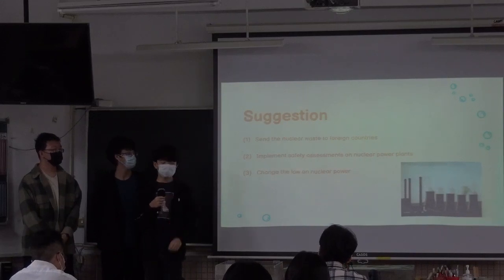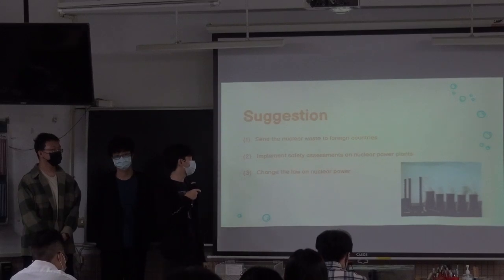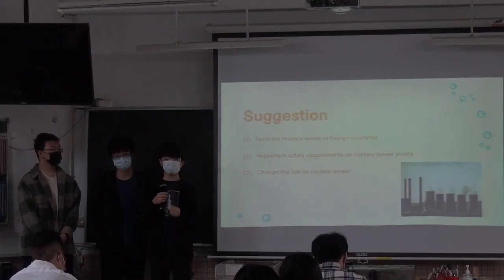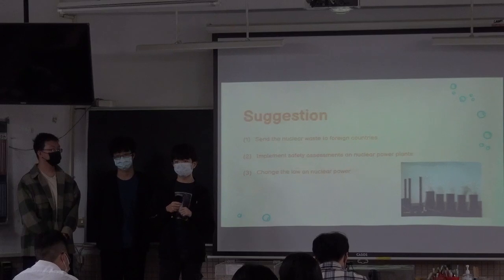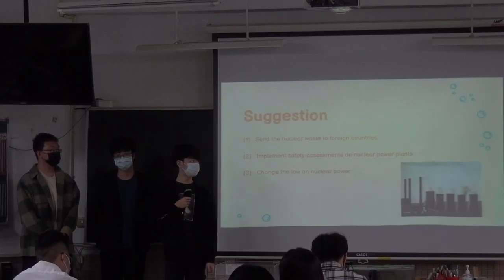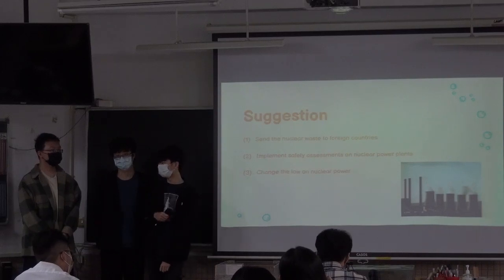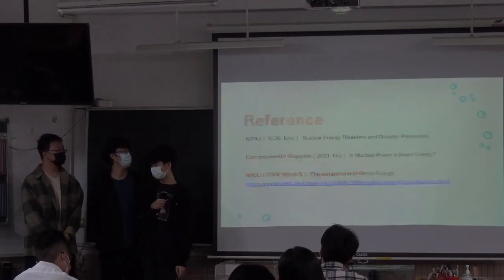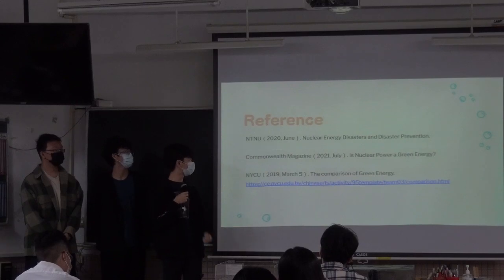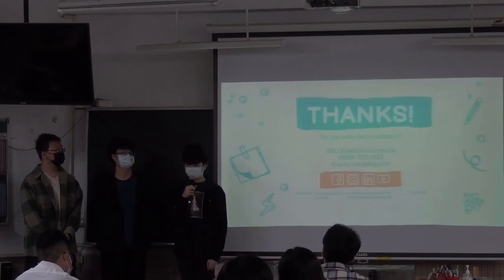Just like when we put money into the bank. Similarly, we need to take some risk, and we can get much more energy from nuclear power generation. Those are our references. Thank you for listening.